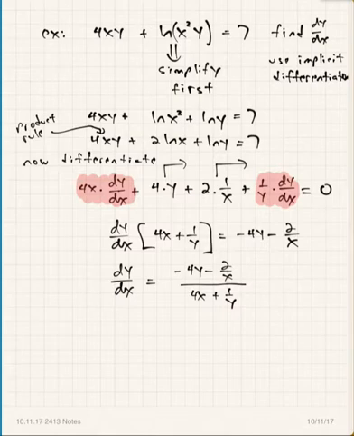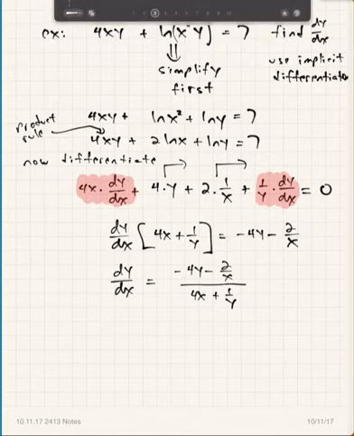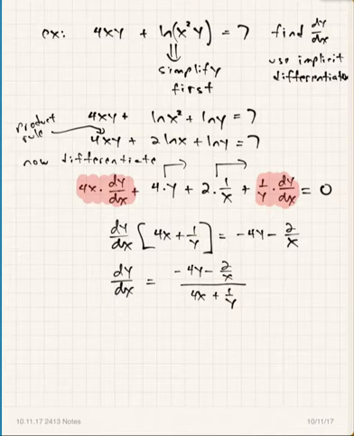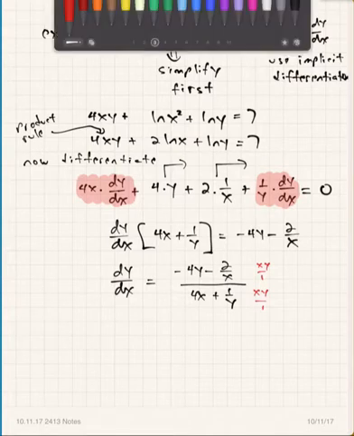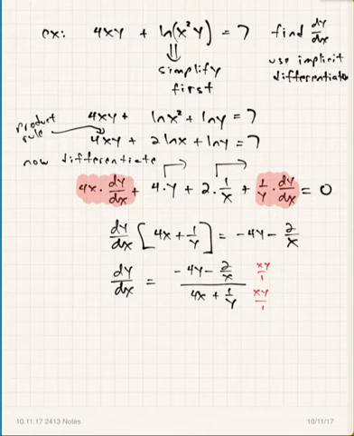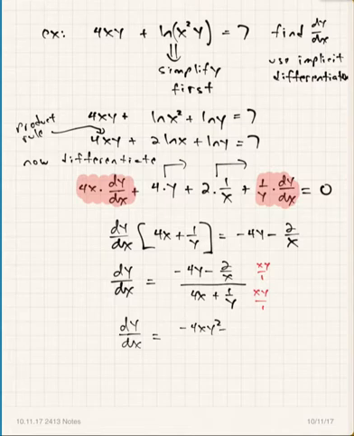All right, and then to clear fractions there, it's a complex fraction. If you wanted to clear the fractions out and simplify it, I don't usually like to leave complex fractions in an answer. I could multiply top and bottom by xy over 1 and clear out the fractions there so I don't have a complex fraction. So dy dx is going to be equal to negative 4xy squared minus, the x's cancel.